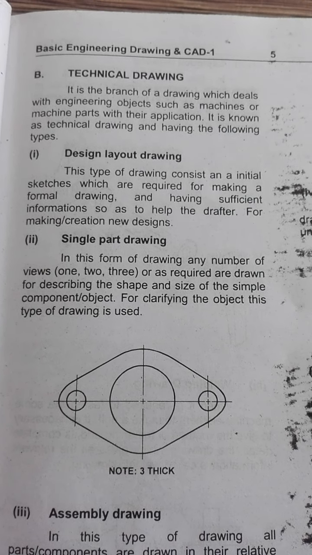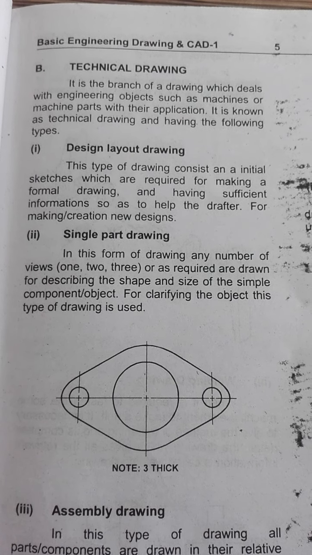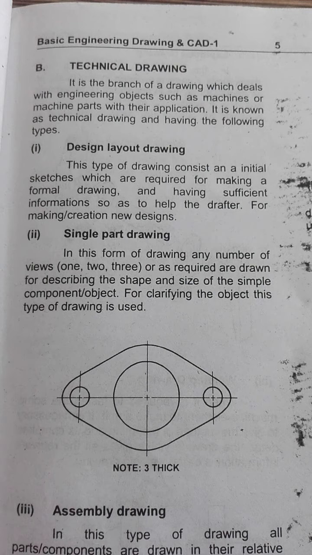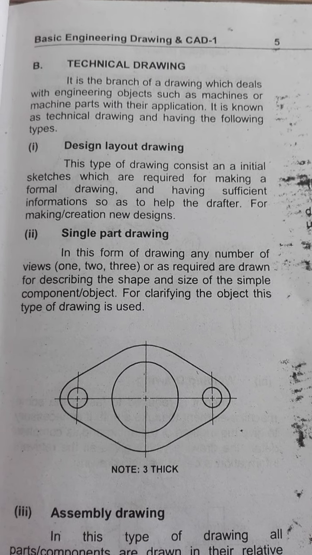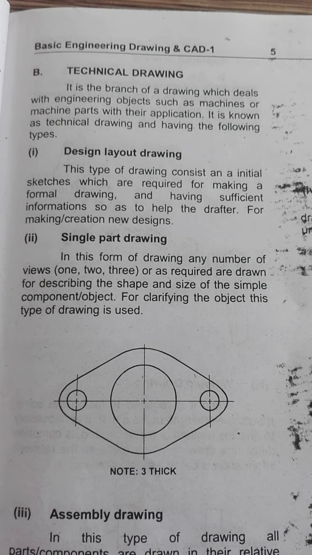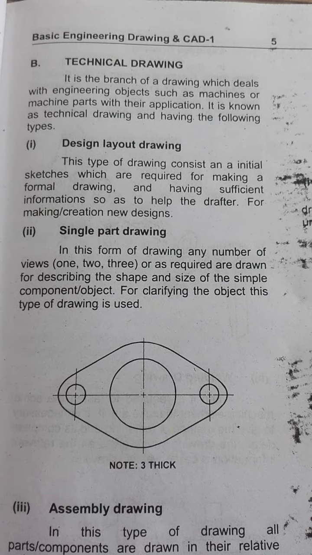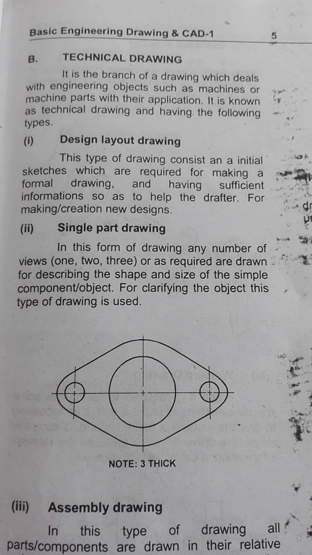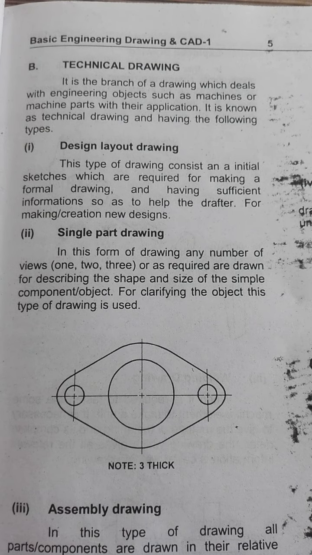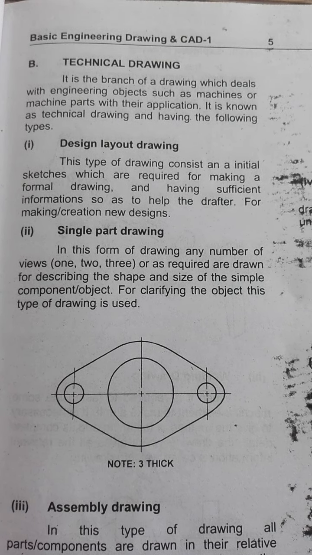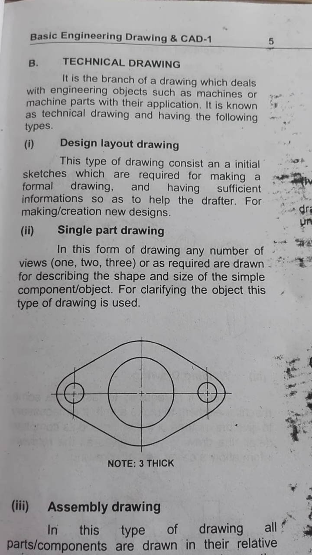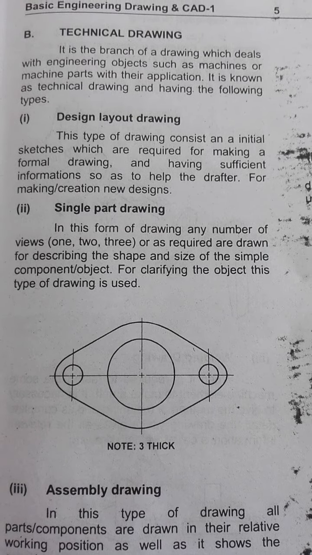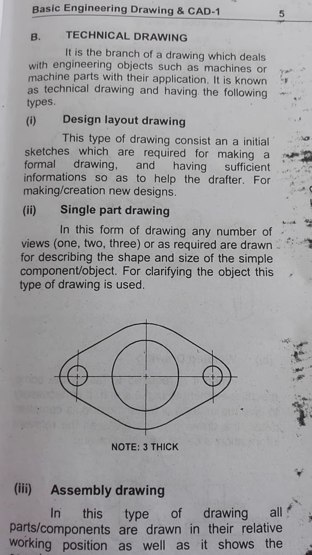Sketches are the starting of design, where we never use drawing instruments like T-square or set square. We only use pencil or rubber. The first stage of the drawing is the sketches, which are required for making a formal drawing.